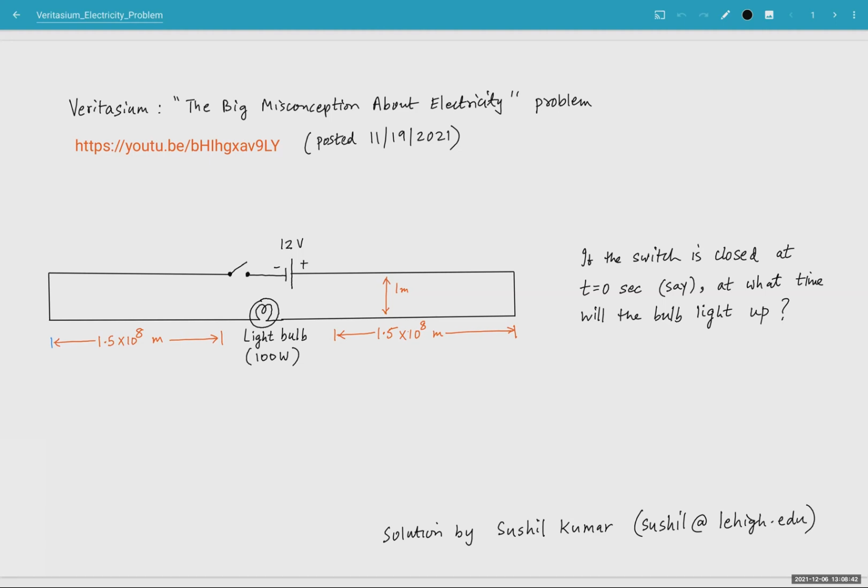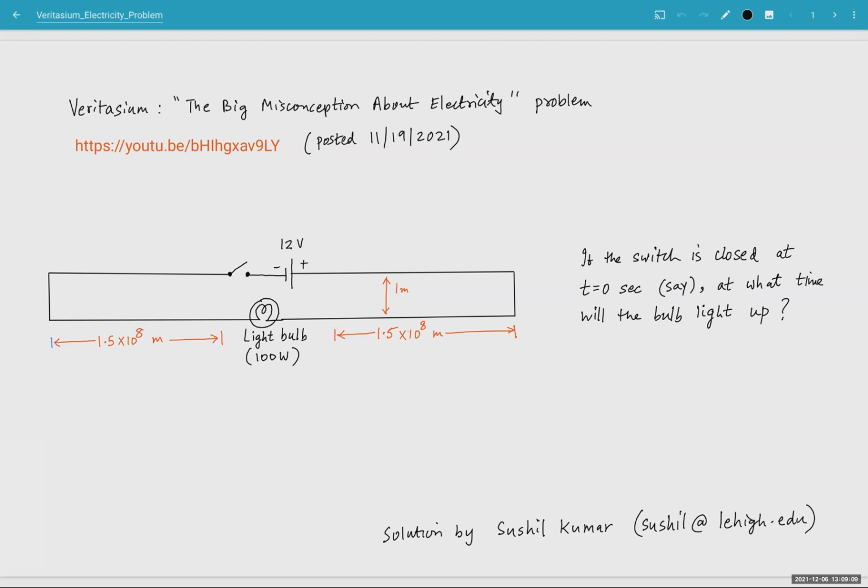So I guess the original idea of this problem was to illustrate how electrical energy travels and how much time it can take to travel, and to differentiate between the speed of travel of electrons in conductors versus the speed of travel of electrical energy.